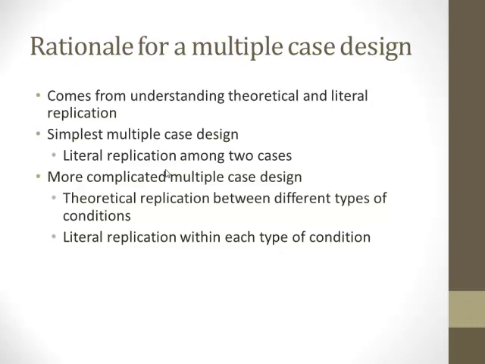Now, in theoretical replication, we can look at different types of conditions. So does the boss yell more right after he gives us a raise? We may not be as unhappy in that case. And so you have to be able to, with a multiple case study, sort out these different effects and what you're looking for in terms of replication.